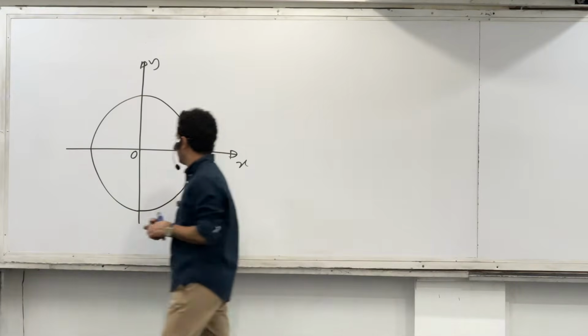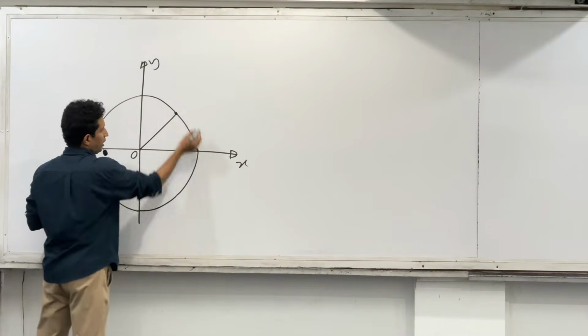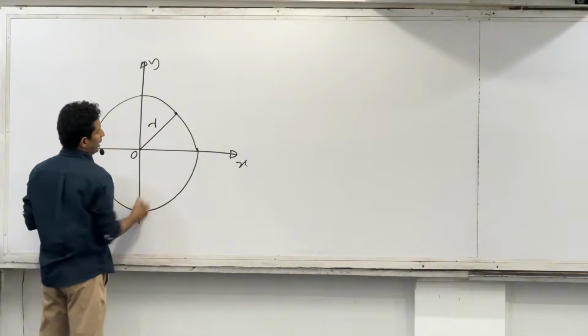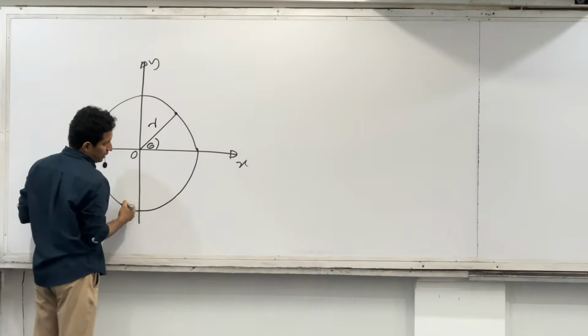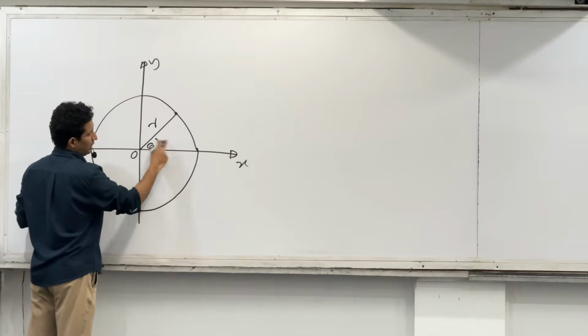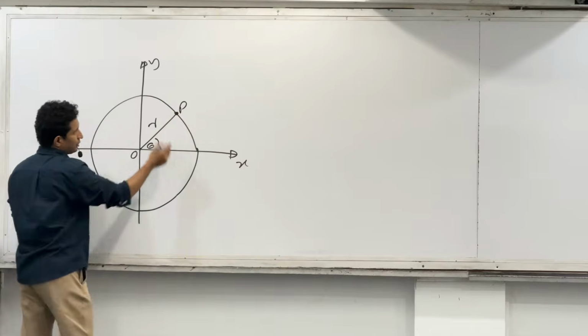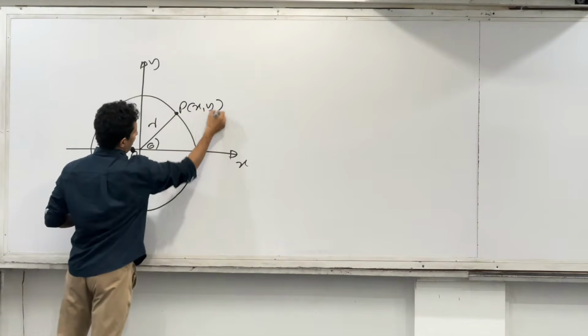See, right here, there is a particle P moving on a circle of radius r. This is theta; it makes an angle theta with the positive direction of the x-axis. Now this is particle P. At this time the position is (x, y).